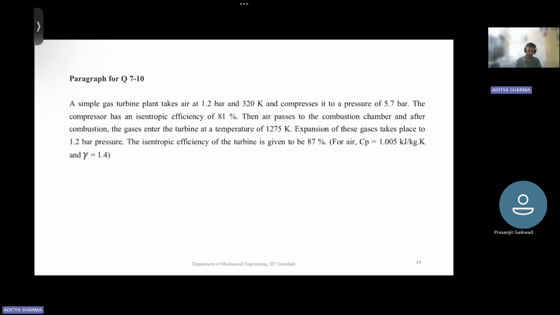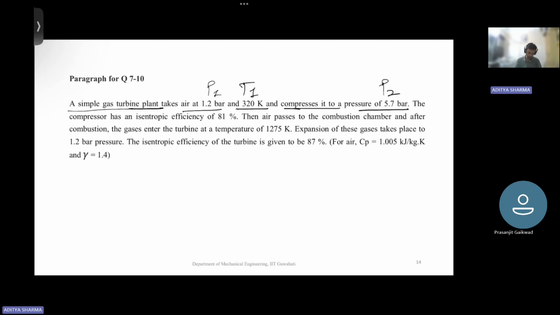Question says that a simple gas turbine plant takes air at 1.2 bar, 320 Kelvin. Okay, P1. It compresses it to a pressure of 5.7 bar. So P2 is also given.